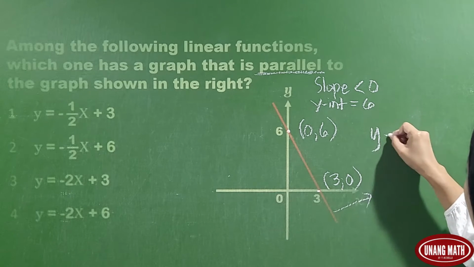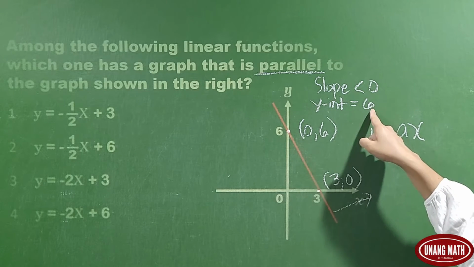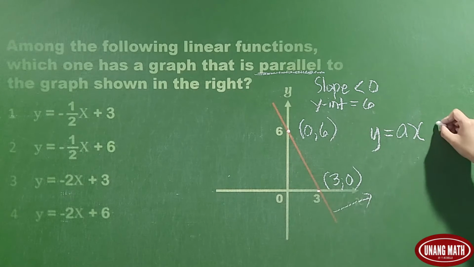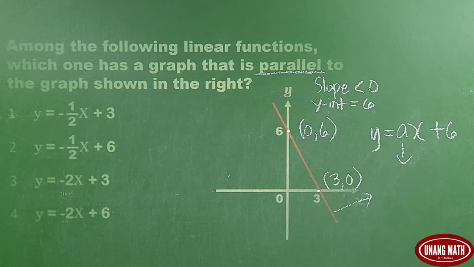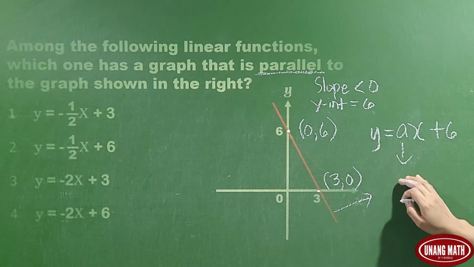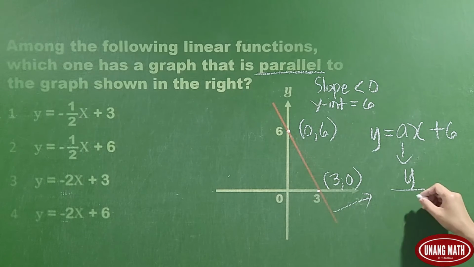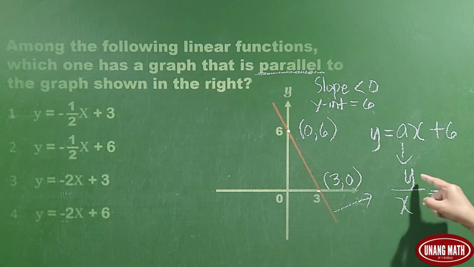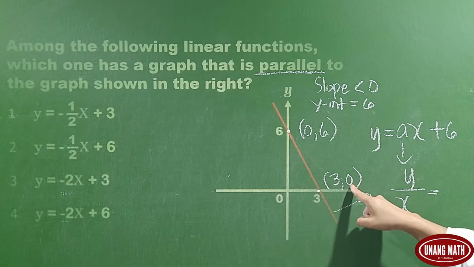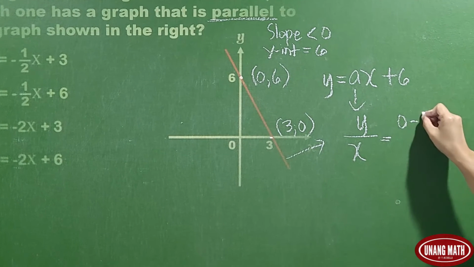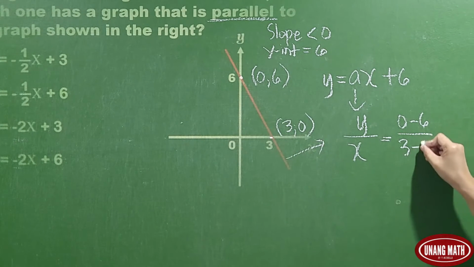So y is equal to ax, and since we already know that the y-intercept is 6, this is plus 6. To find the slope, we know that this is the change in y over the change in x. So we have here 0 minus 6 over, for x, 3 minus 0.